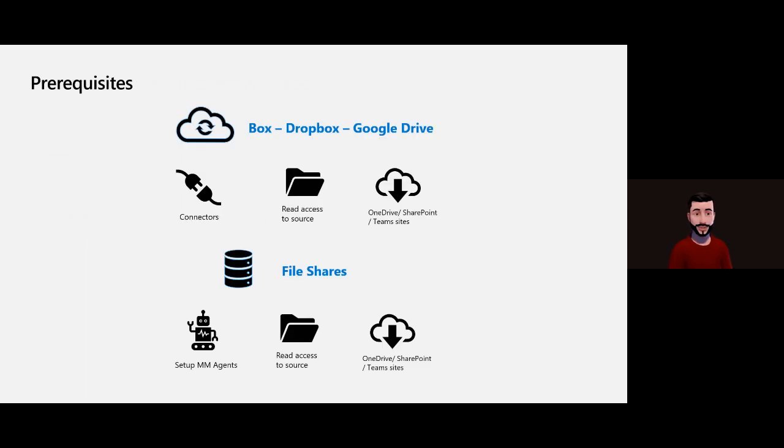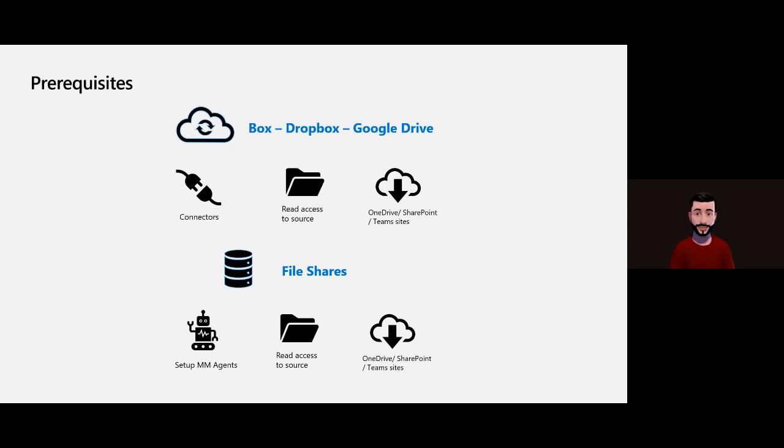So, prerequisites, right? As you probably know, Box, Dropbox, and Google Drive are different clouds, and so with that come different prerequisites for each one of them. The rule of thumb for the three of them is that every single one requires a connector.